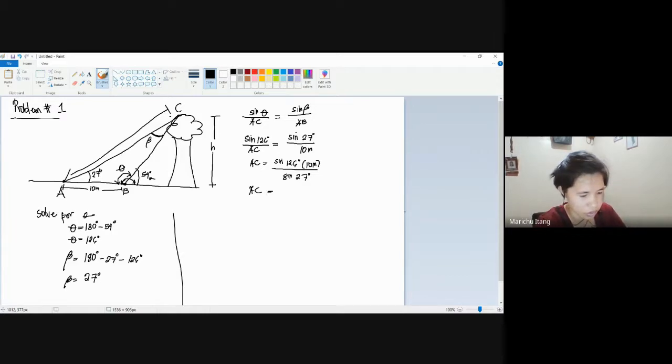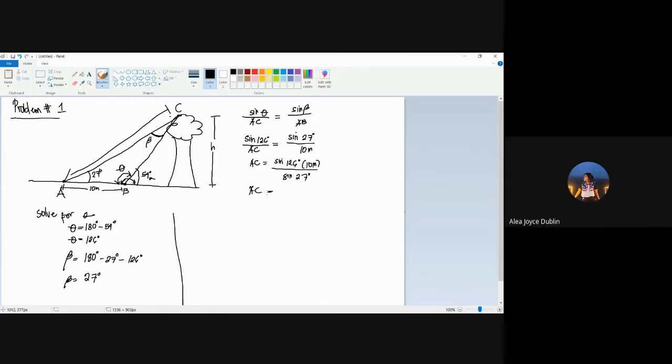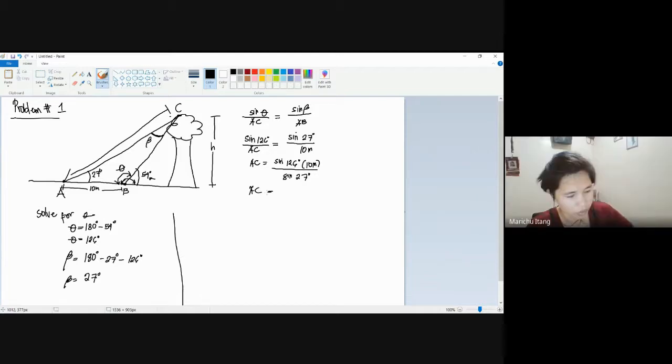AC is equal to sine 126 times 10 over sine 27. So what's the answer? 17.82.